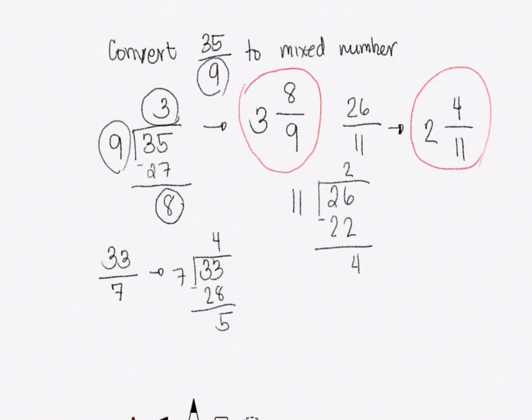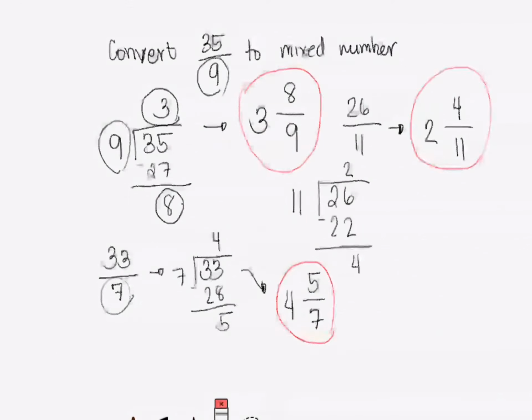Therefore, we have the quotient of 4, remainder 5. In order for us to convert this into mixed number, we have the quotient 4 as the whole number, the remainder 5 as the numerator, and copy the same denominator, which is 7. So therefore, 33 over 7 is equal to 4 and 5 over 7.